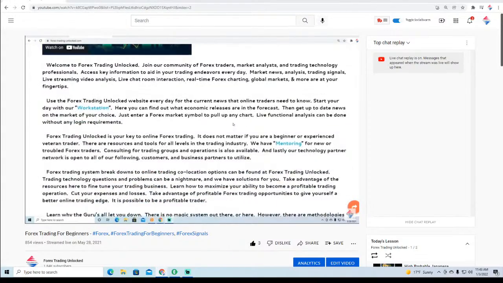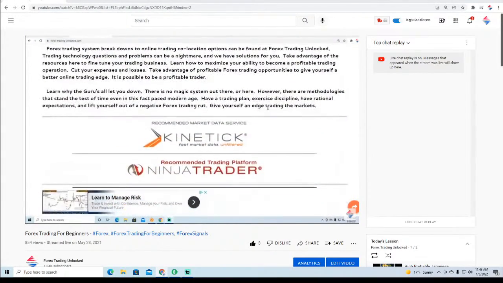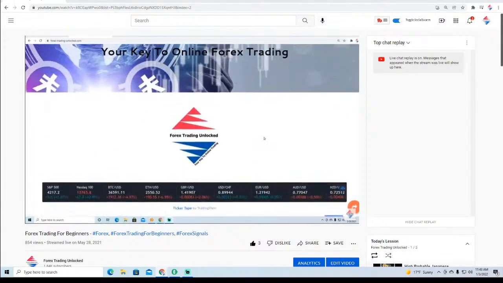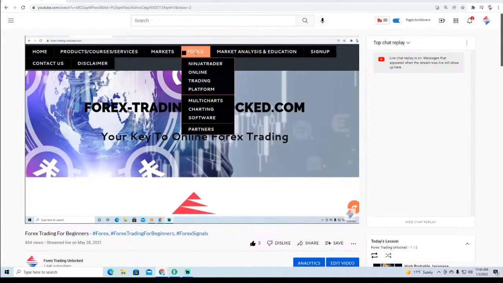As a little breakdown about us, if you haven't already downloaded the NinjaTrader platform, I highly suggest that you use this. You can access it from any one of our pages. We have a NinjaTrader download tab. Also, from our tools in the navigation bar, you can click on the NinjaTrader platform or the MultiCharts trading software platform.